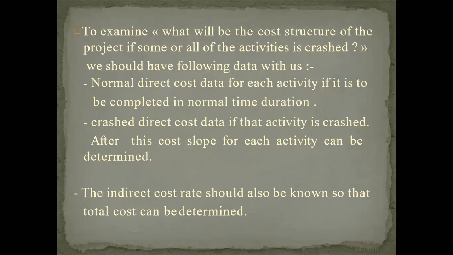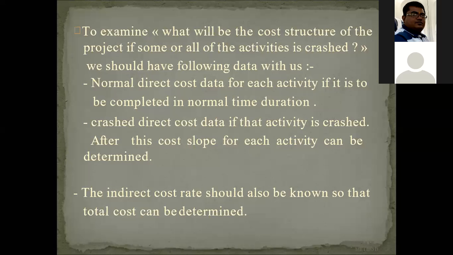And one more thing is important during the example, that indirect cost rate. Okay, if this is known, then the total cost can be determined. Otherwise, we can find out only the crashed cost, but not total cost.